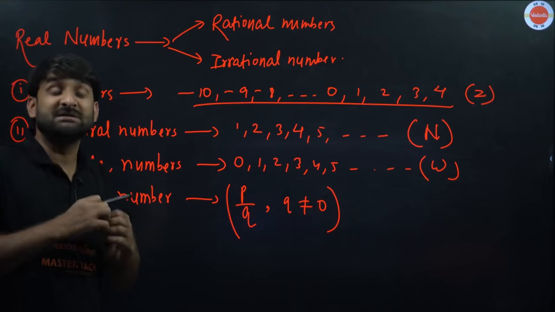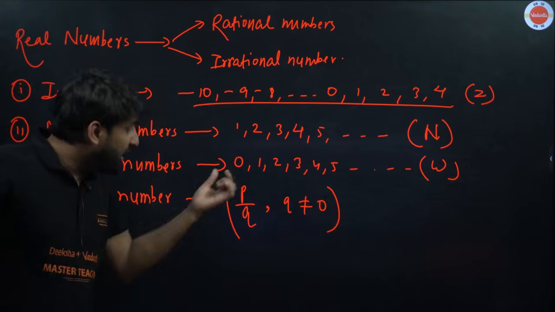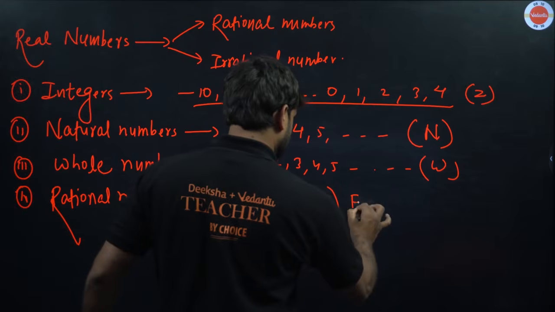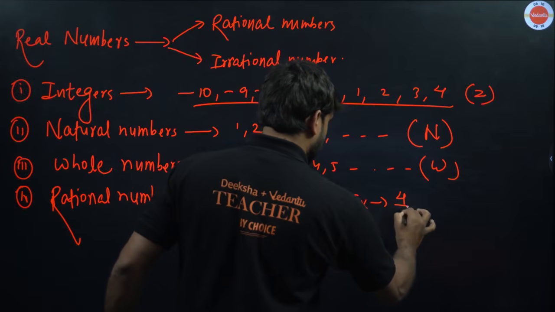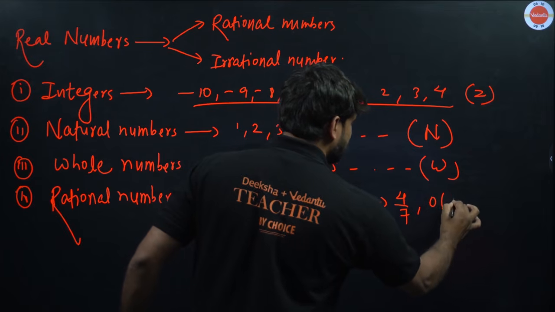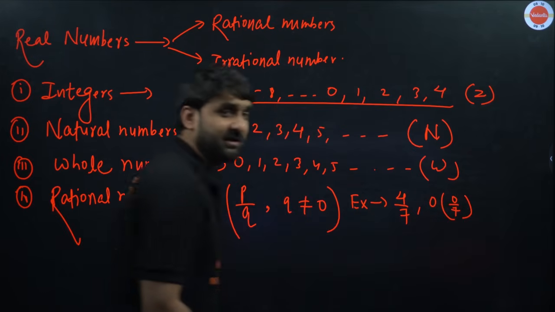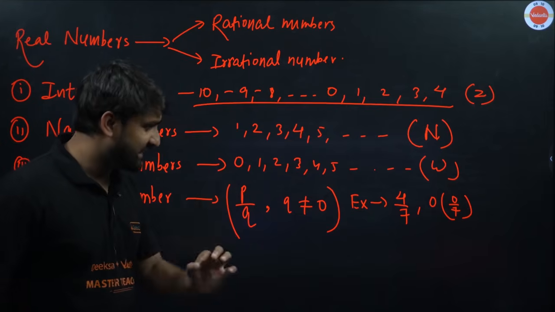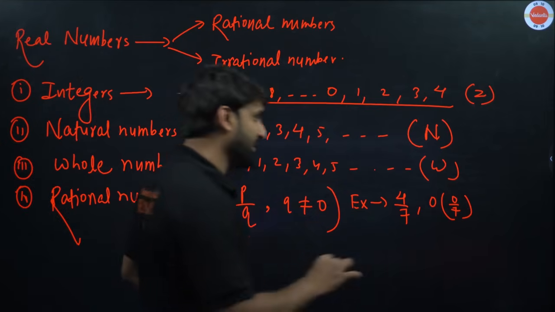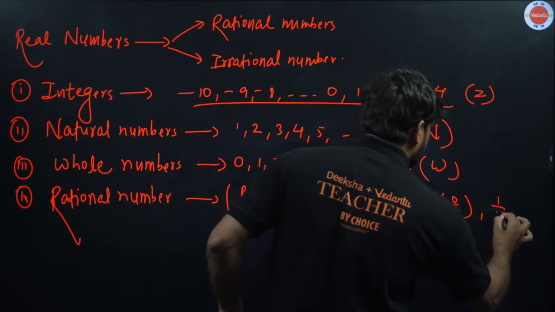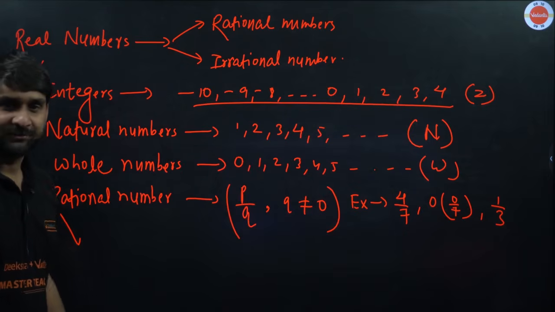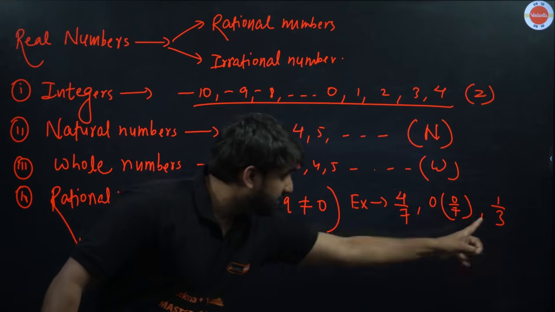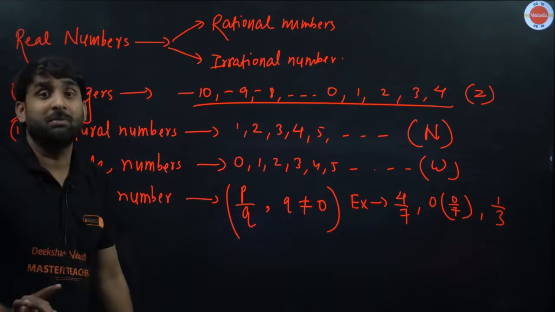For example, 4 by 7, and 0, because 0 can also be written as 0 by 7. The condition for a rational number is that the denominator should not be equal to 0. That's it. So 0 is also a rational number. And one more rational number I can write here, 1 by 3. So these are rational numbers, because numerator p by q, q should not be equal to 0, the denominator should not be equal to 0.